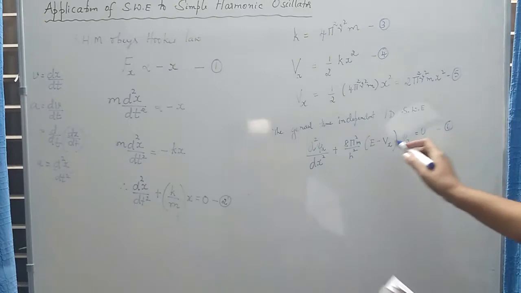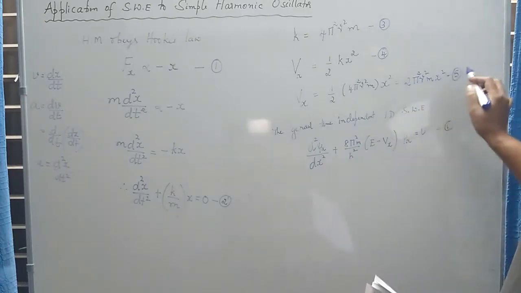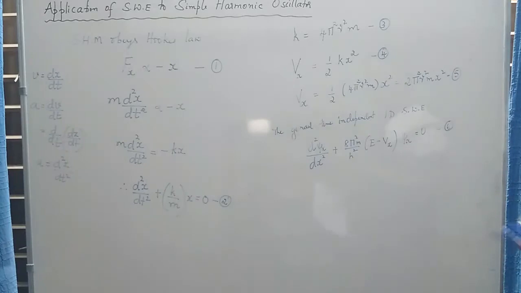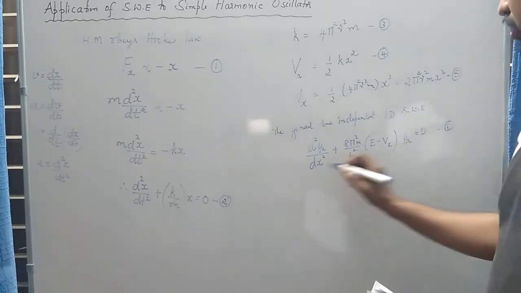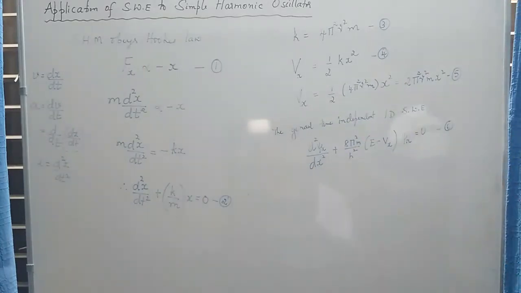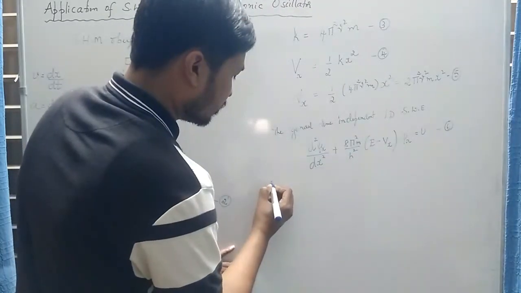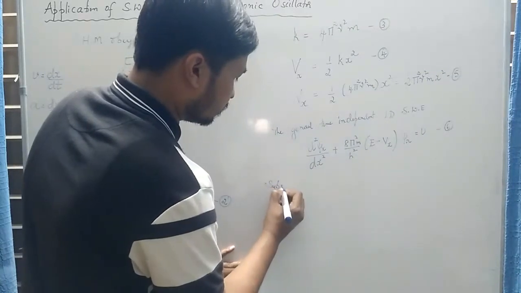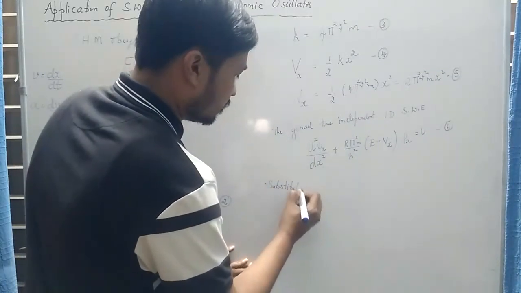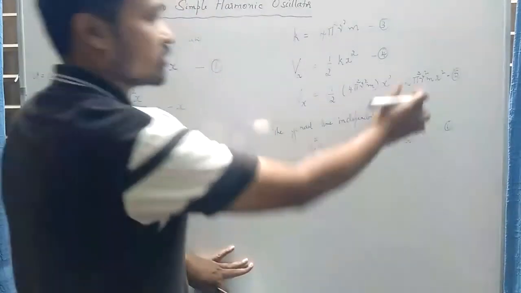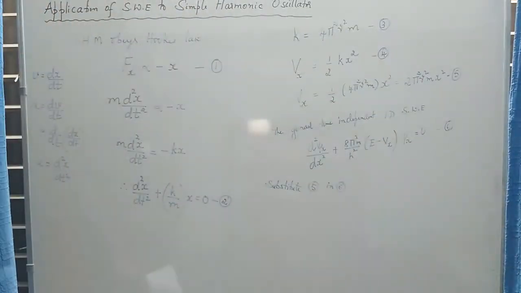Now if I substitute this expression for potential energy here, then we would have written a Schrodinger wave equation for the simple harmonic oscillator. So let us substitute equation 5 in equation 6. Remember, equation 5 is applicable for a simple harmonic oscillator.